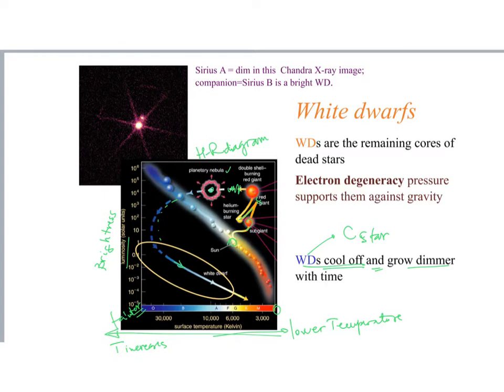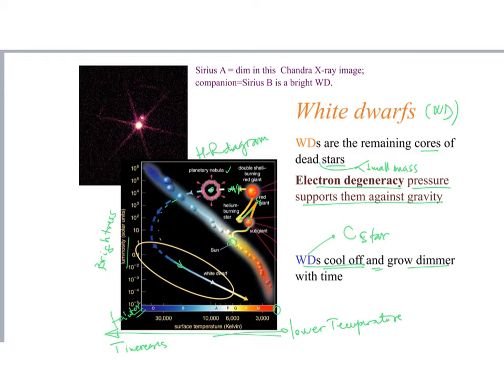Other things we talked about: besides their definitions, they're basically the remaining corpses of dead, I would add, small mass stars. Okay? Another important thing to remember about these white dwarfs, often referred to as WD, is that they are supported by electron degeneracy pressure.